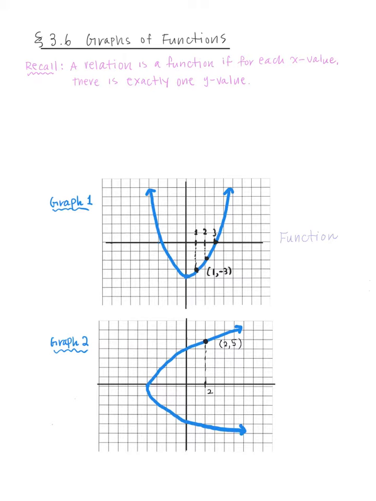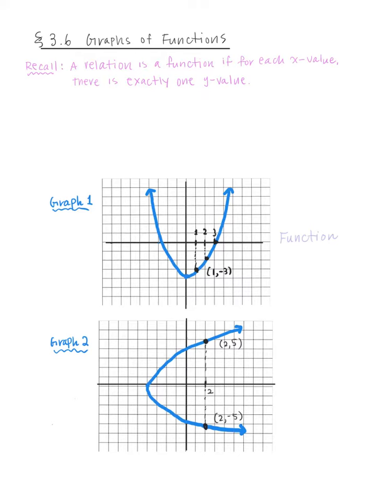So when x is 2, our y value is going to be, what is that, negative 1, 2, 3, 4, 5. Negative 5. So when x is 2, y is negative 5. So here, when x is 2, we're going to have two different y values, namely 5 and negative 5. So in this case, this graph is not going to be a function.